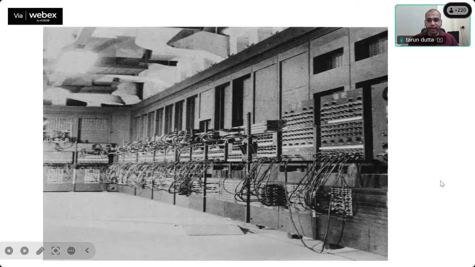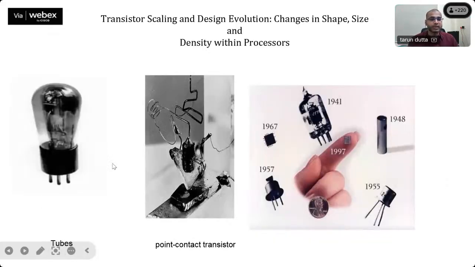Now if I go to the second one, here you see how the classical bit has evolved. Initially it was vacuum tubes. Then in 1947 we got the first transistors. You see the size of these transistors, and how it has reduced over the years.